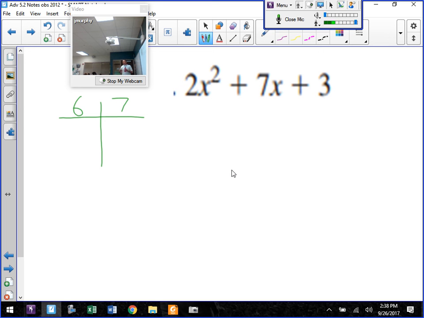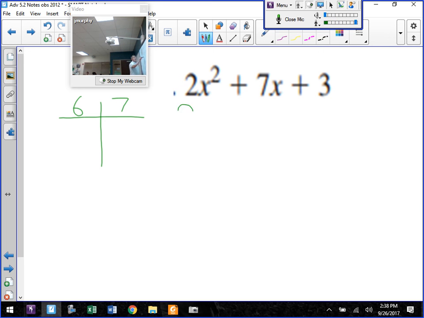Does it matter which one I put first? No. It doesn't. I will say one thing, a little tip. If you have a plus minus when you're doing split middle term like this, put the negative first. It's a little bit cleaner.